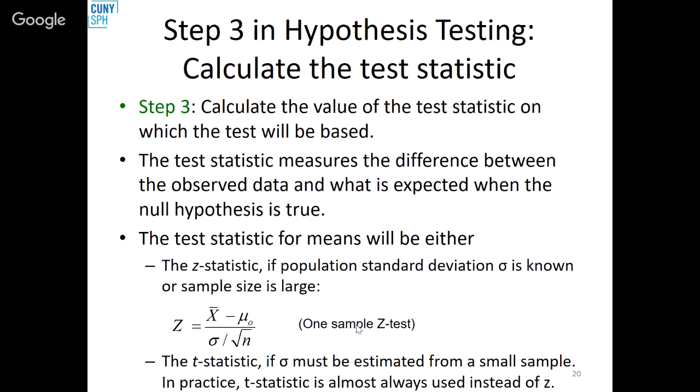Step 3, you're going to keep using this, by the way, as we do more and more tests. You'll use these same tests, is calculating the test statistic. And that is something that comes from our sample, and it is the statistic on which our test will be based. And it's the thing that measures the difference between our observed data and what we expect under the null hypothesis. It's something that tends to be small if the null hypothesis is true, and larger values make the null hypothesis less and less plausible.